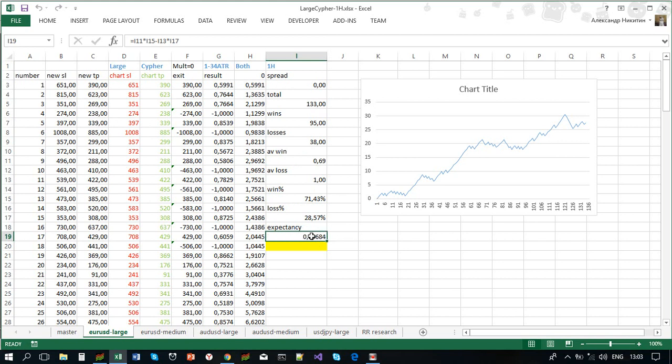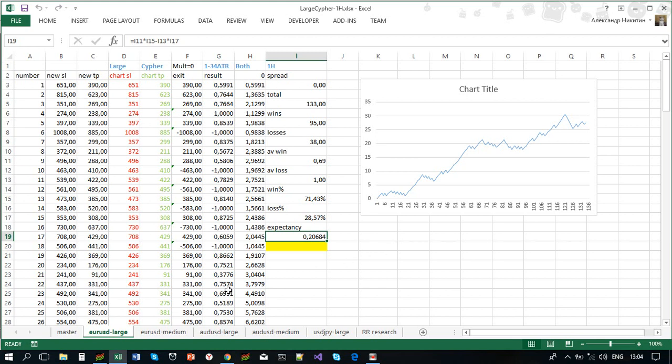This is the most important thing, the expectancy. If this stays positive, that means the equity curve is rising over time. And regardless of how large or how small this number is, as long as it's positive and you can consistently continue executing the same strategy, this generates money for you.